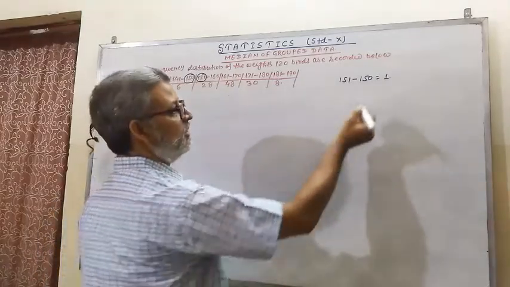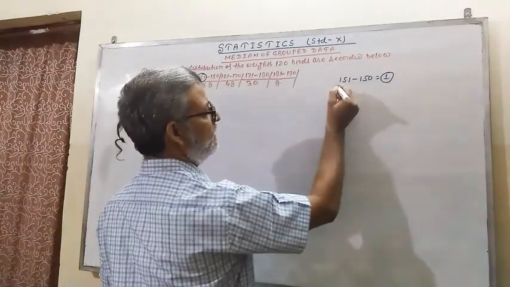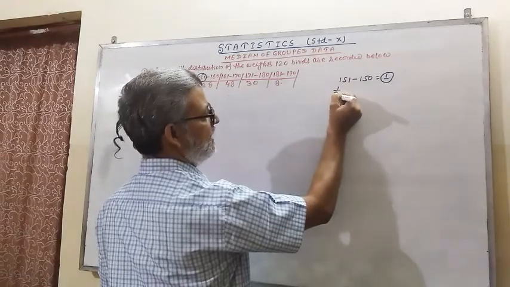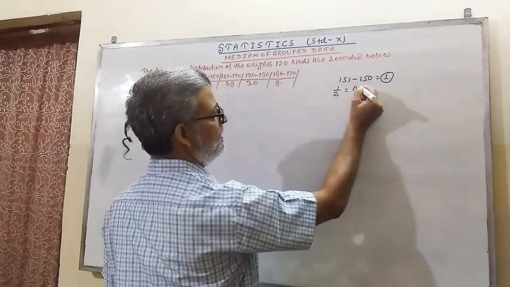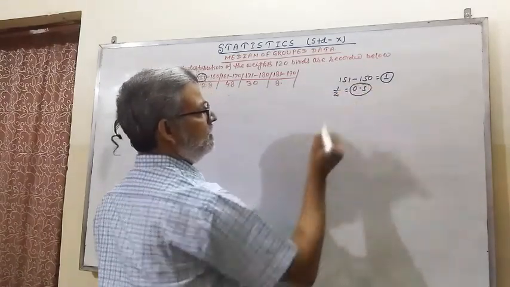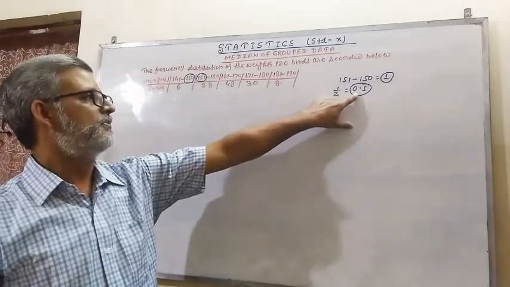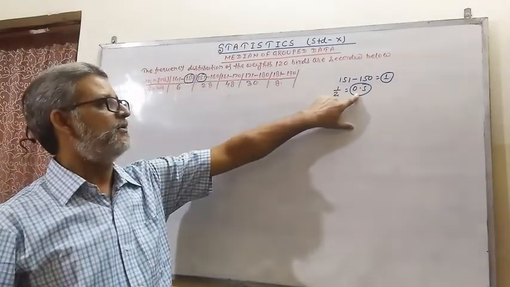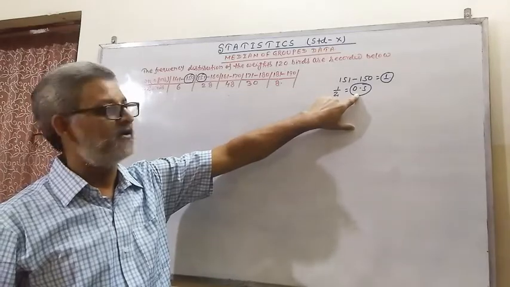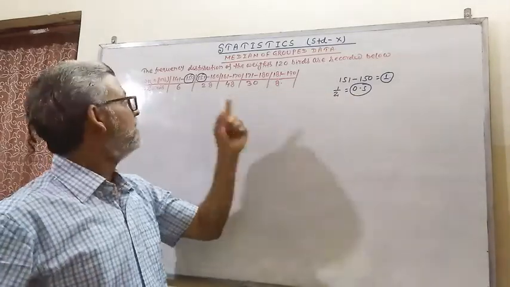After that, whatever difference we are getting, that difference is divided by 2, that is 0.5. This result is subtracted from each lower limit of the class interval, and added to each upper limit.